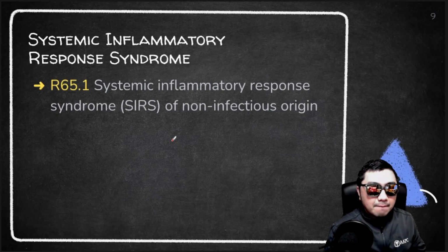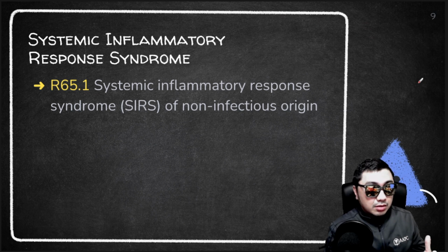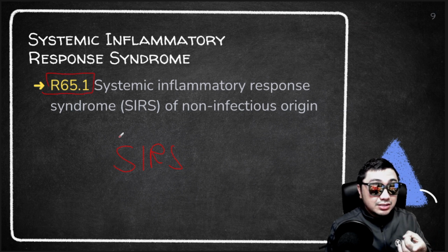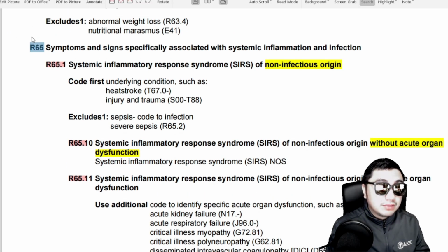Okay? All right. The next term is your SIRS or Systemic Inflammatory Response Syndrome. Again, in most medical records, you will see this as SIRS. But you have to check your subcategory R65.1 for the difference between SIRS and severe sepsis. So let's check your category R65.